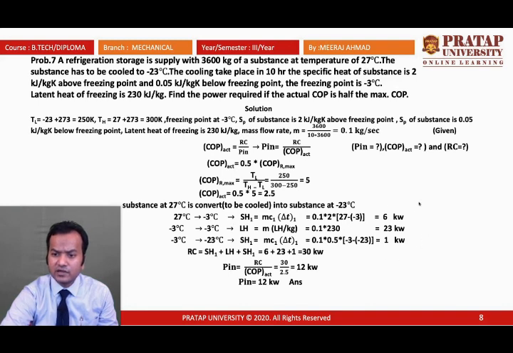First divide into 3 phases and find the heat extracted in each, then add this heat. The total heat is equal to the RC, and divided by the actual COP, you get the value of power input.